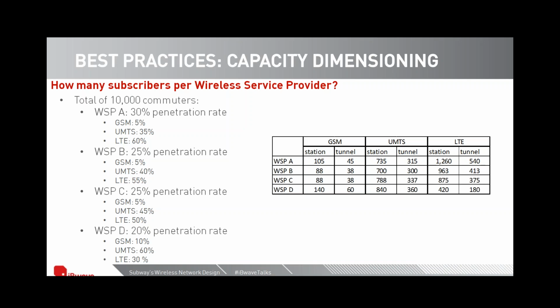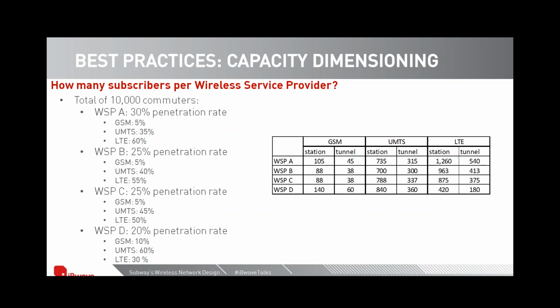Obviously, we are not going to have very many GSM users. We have assumed 5%. This is something that you actually need to get from carriers. This is not public knowledge. They will not tell you publicly that they have a 5% GSM penetration rate within their customers. That's what we have assumed.